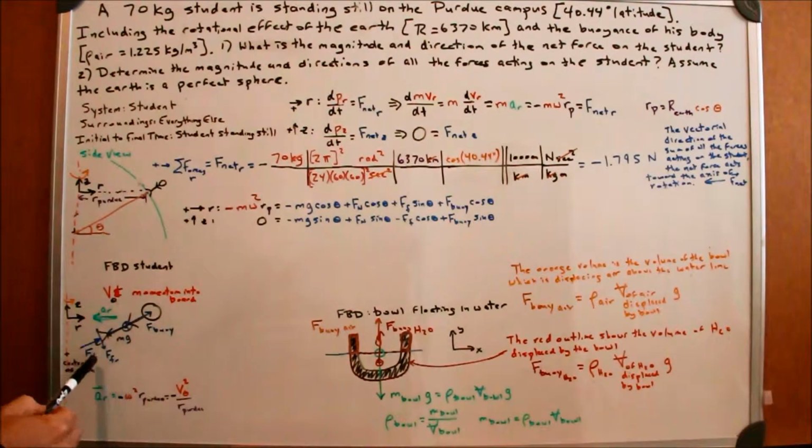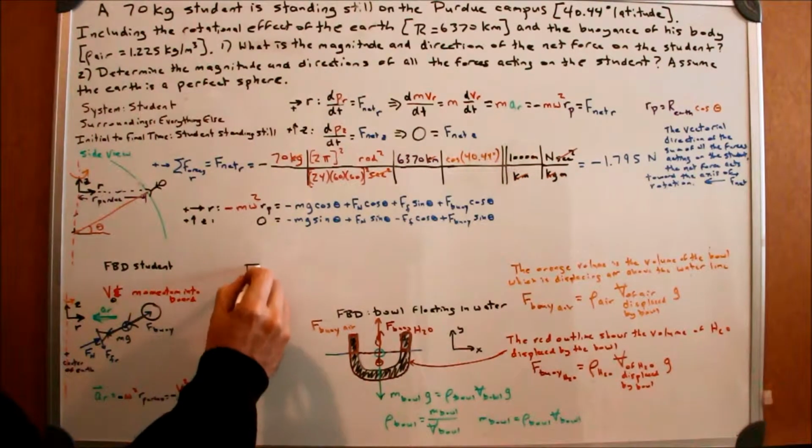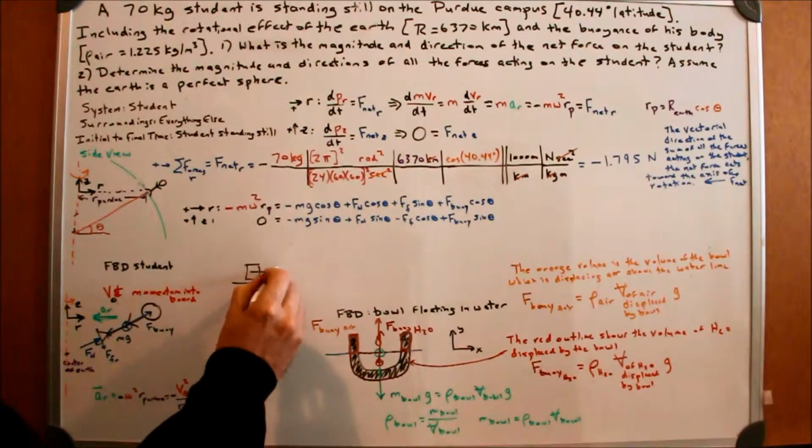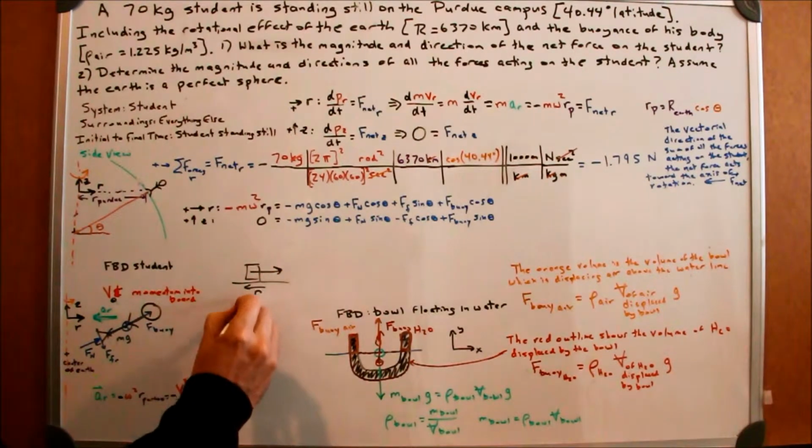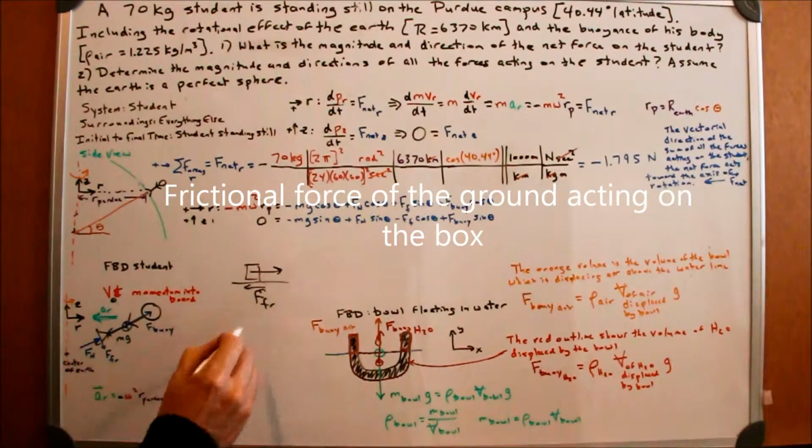If this magnitude turns out to be negative, it means the force is actually in the other direction. For most problems, you probably want to use your intuition and draw the force the way you think it really is. So if a box is sliding this way, you probably think the frictional force is that way, and should draw it that way.